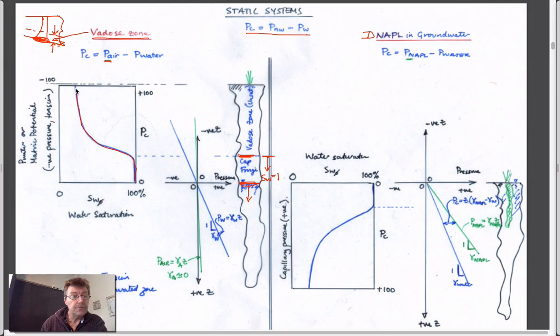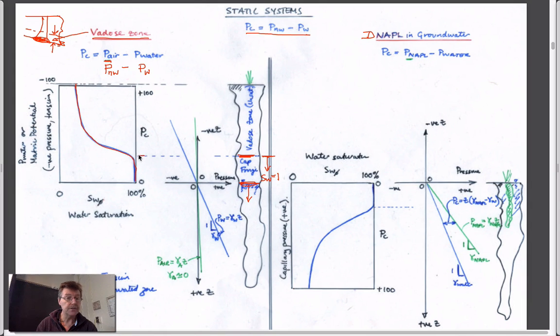We start off with water saturated 100%, and we increase the pressure of the air that we apply. Air is typically our non-wetting fluid, and water is usually the wetting fluid. So we'd end up with a capillary pressure versus saturation curve that looks like this.